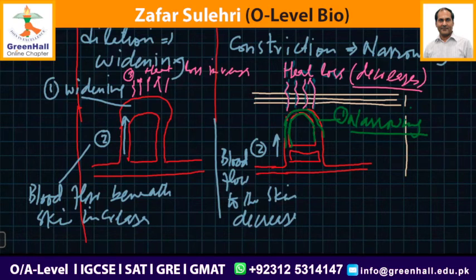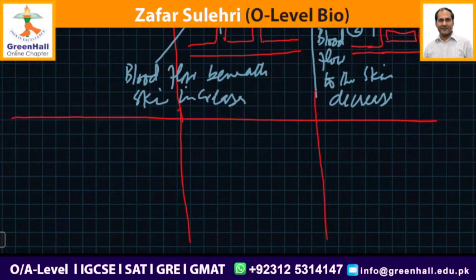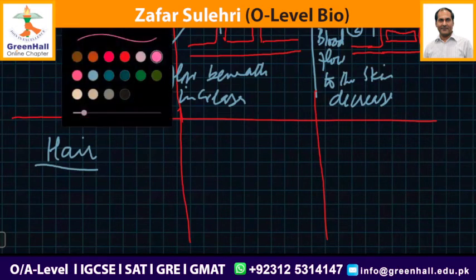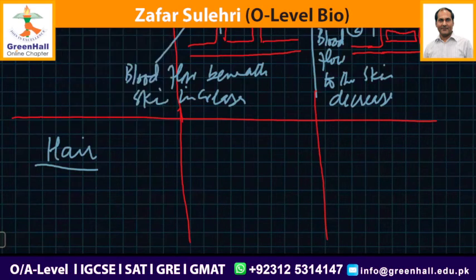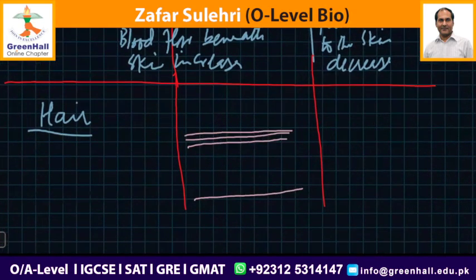Let's see the role of hair here. If this is, for instance, the skin, and these are here, so here they flatten on the skin surface.